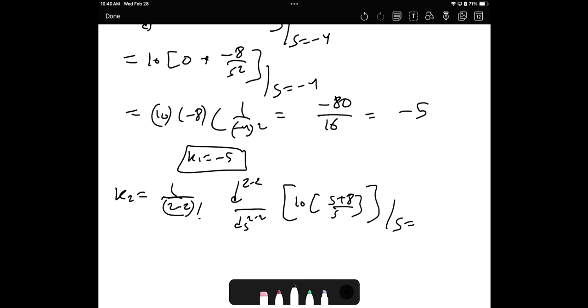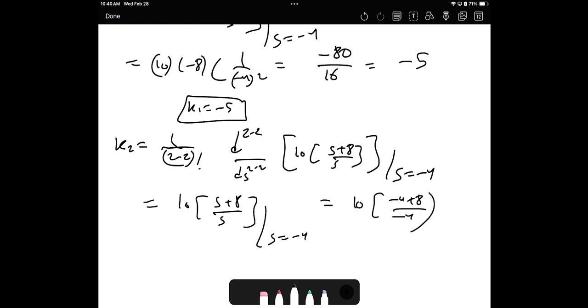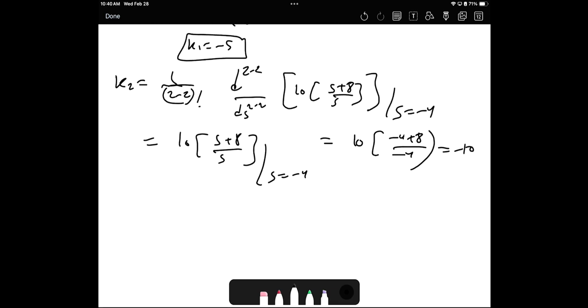When s equal to negative 4, it will be 10 (s plus 8) over s, the same function itself. When s equal to negative 4, this makes it 10 times (negative 4 plus 8) over negative 4, then this yields to be negative 10. Then you will say k2 equal negative 10.